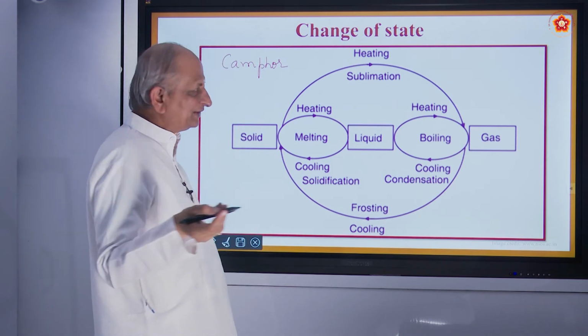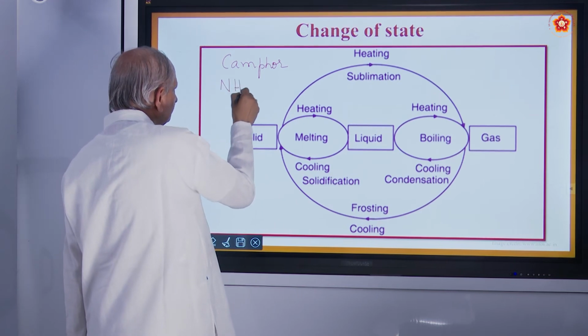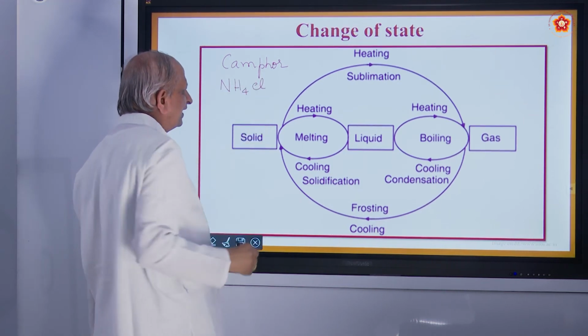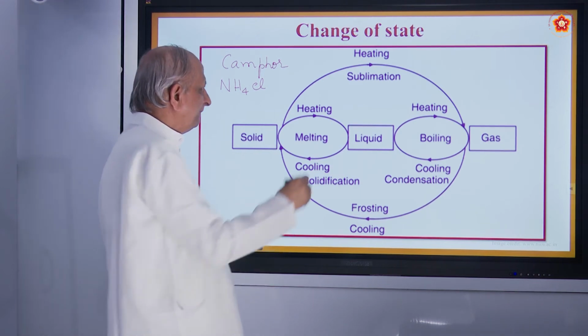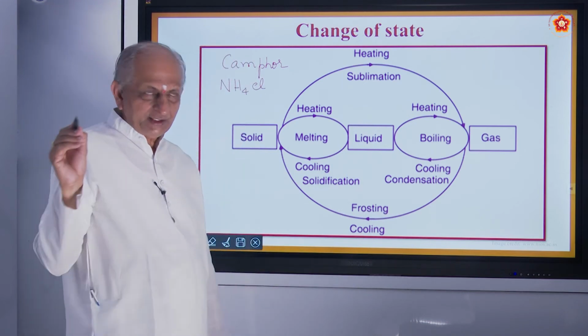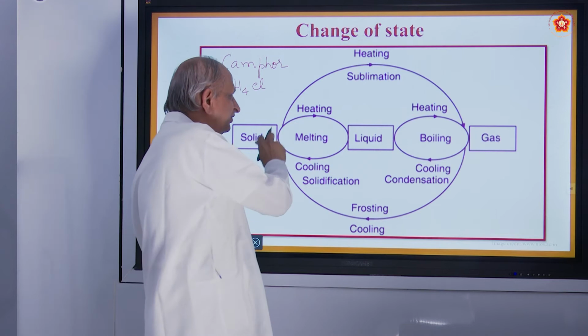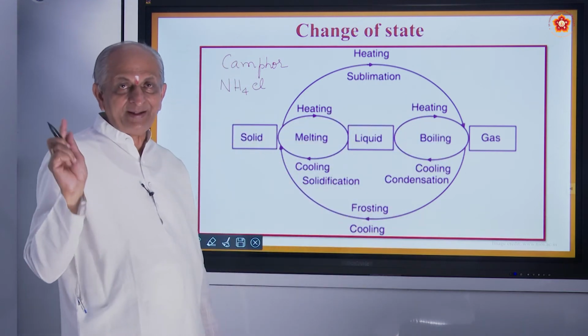Similarly, there are substances like ammonium chloride or iodine, etc. They are all examples of sublimating substances. So, what is sublimation? It is a process in which a solid is converted into gas without becoming liquid.